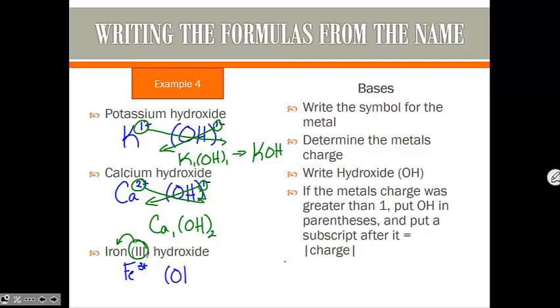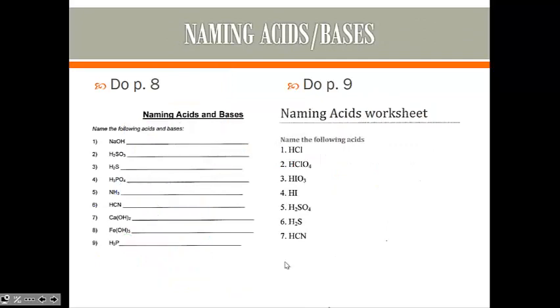Hydroxide remains unchanged. So in order to neutralize the charges, we'll crisscross the numerical values down, giving us Fe1OH3. With that being said, you're now able to do page 8 in your packet.